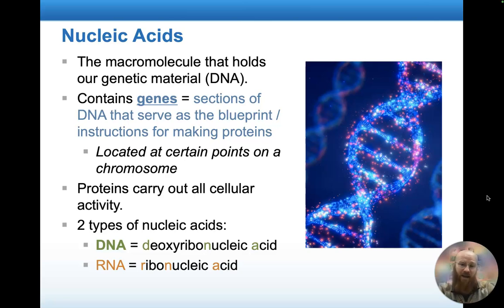It is called deoxyribonucleic acid because it has a sugar in this nucleic acid that is called deoxyribose. You're not going to have to remember that specifically, but that is how we get the name. RNA, it's a different sugar. It's a ribose sugar. And so instead of deoxyribose, now we're going to call RNA ribonucleic acid. Okay, but DNA and RNA are going to be the ones we focus on in this unit. DNA is the one we're focusing on today.